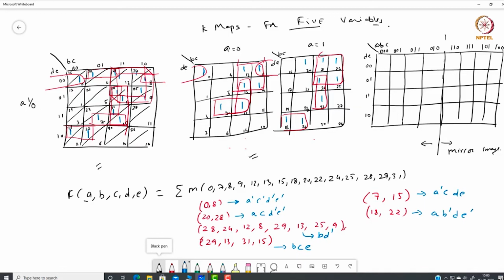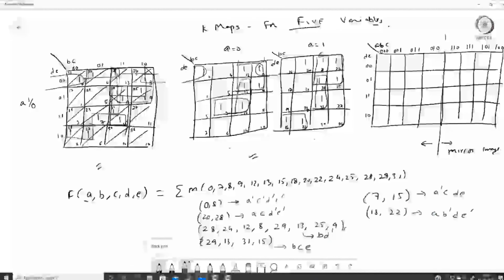Now if I have to find the minimum expression, I can again use the same method. These are all the prime implicants I have found. Now I need to see what are the essential prime implicants.